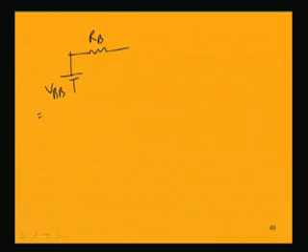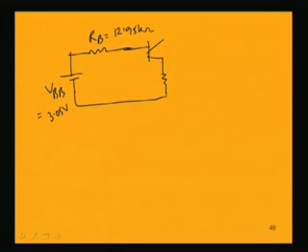These values are 3.05 volt and RB equal to 12.95 kilo ohm, and then this side has the resistance RE equal to 0.75 kilo ohm, and RC, which is equal to 2.2 kilo ohm, and this VCC is 16 volt.